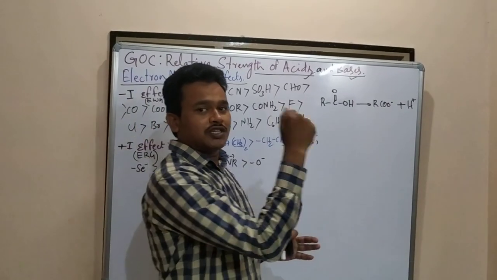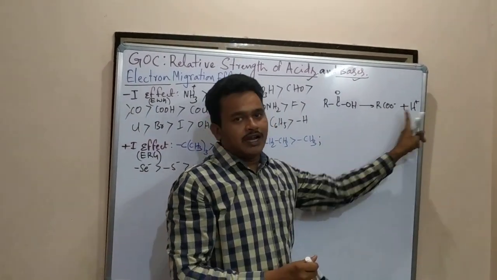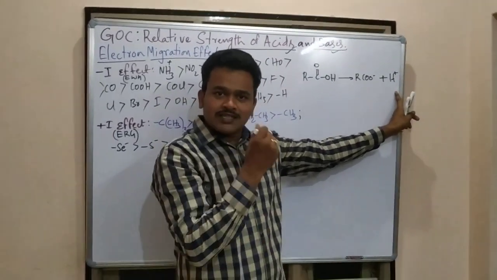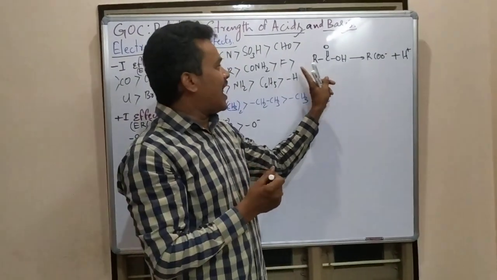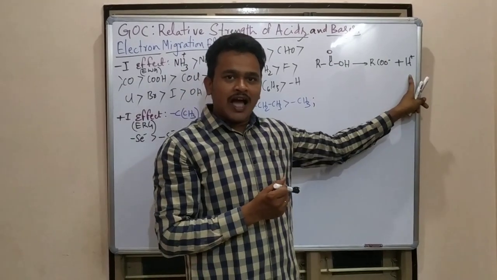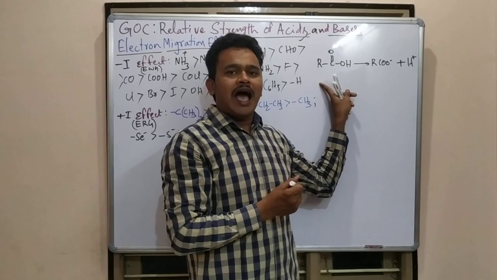After losing, I have to check their stability. If it is stable, it is going to release H plus fast. In this case, the acid is releasing something, H plus. So it is releasing H plus, that is why I am calling it an acid.